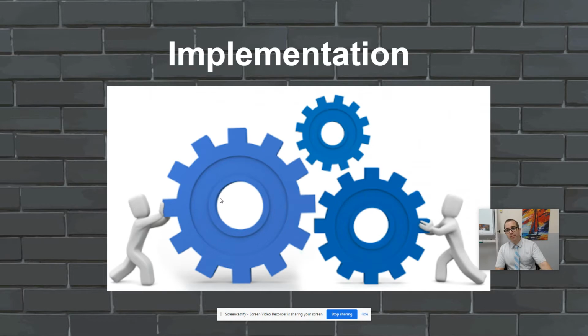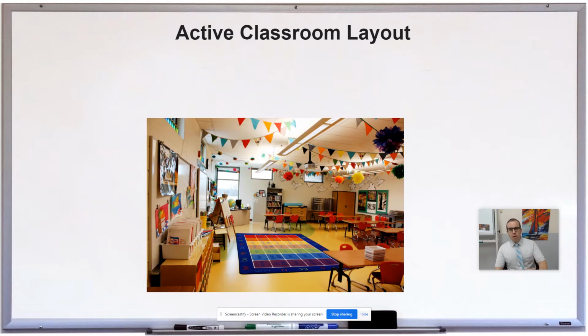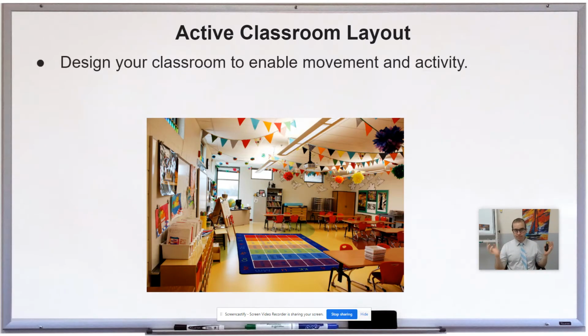So how do we implement this into our class? This was one of the easier ones for me, but we can start with an active classroom layout. Design your classroom so your students can move in it. Now, I understand that this can be fixed sometimes, especially if we're visiting classrooms, but if you have your own English only zone or own classroom, try to make a space where there is room for physical activity.